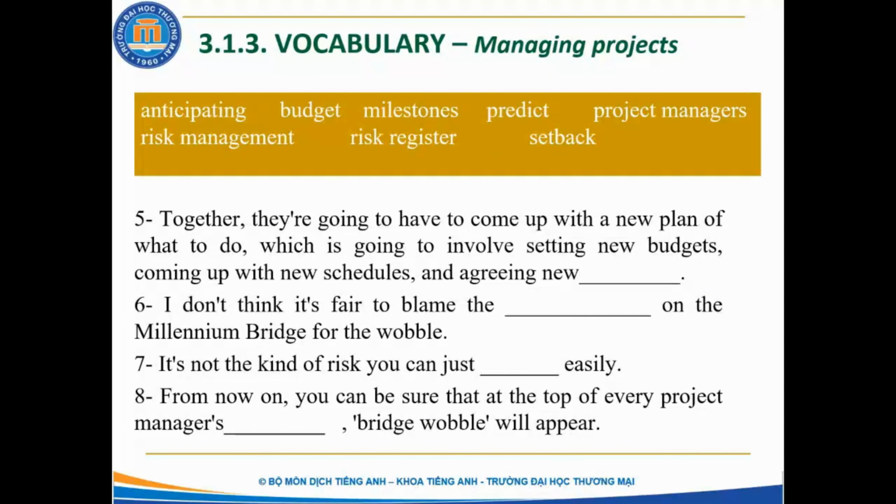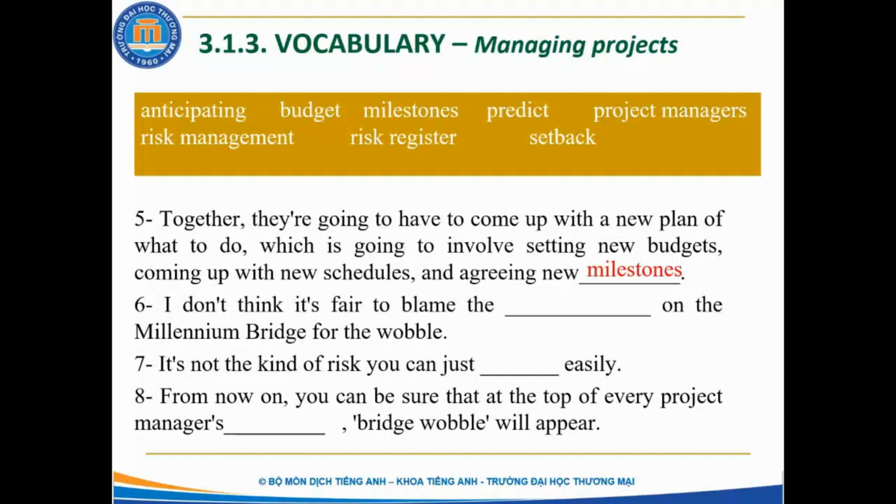Now please spend some time doing the rest of the exercise from sentence 5 to sentence 8. Now let's check the answers together. For number 5, which one did you choose? Number 5 should be milestones, right?